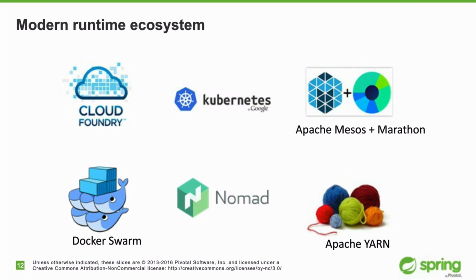And having our own runtime meant that we had to have a lot of functionality that was responsible for keeping applications alive, meaning if they failed, we would have to relaunch them. We would have to scale them up and scale them down. And during the course of customers using Spring XD, they started asking for various requests and features which are available on these platforms.